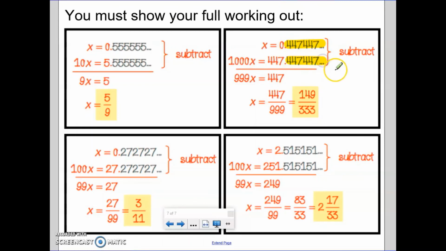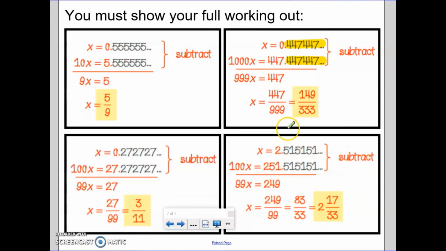So then you can do a subtraction and remove them from the calculation. Have a little look at my working out. Mark up your answers, remembering to simplify your fractions if it is possible. And then hopefully you've shown a good understanding of converting recurring decimals into fractions.